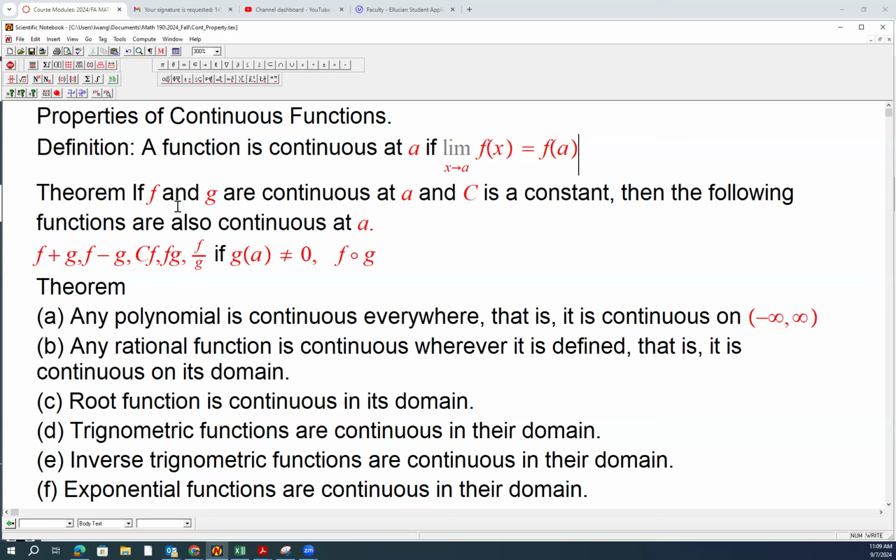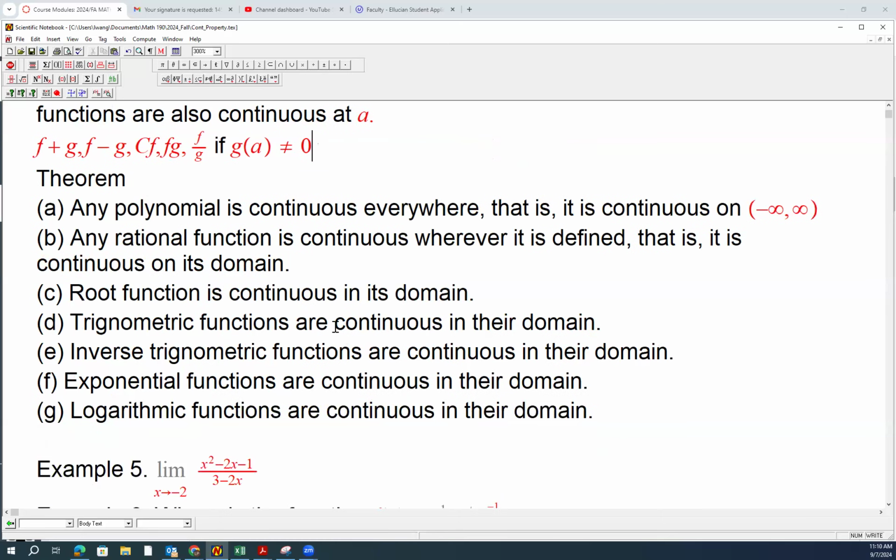This theorem says if f and g are continuous at A, and c is a constant, then all of these are going to be continuous, provided the denominator is not zero. I'm going to remove this one first because the setting for composition is slightly different. When we get there, we're going to talk about it.